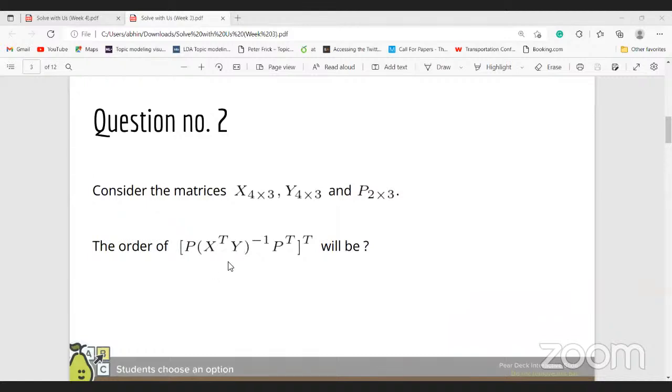So after doing this multiplication, what is left? 3 cross 3. And for a square matrix, whatever the order of the matrix, the inverse is of the same order. Or you can say we cannot find an inverse if we don't have a square matrix. Inverse is not possible. So since X transpose Y is a 3 cross 3 matrix, its inverse is also 3 cross 3, given that it is invertible. I hope I have cleared your doubts, Srinivas.